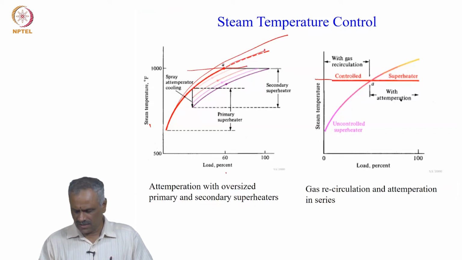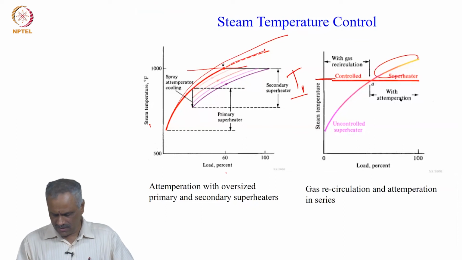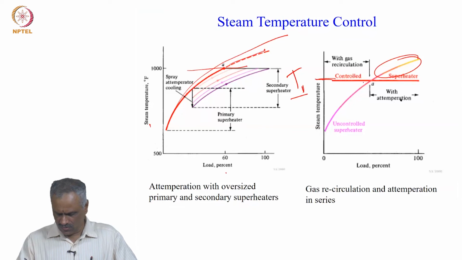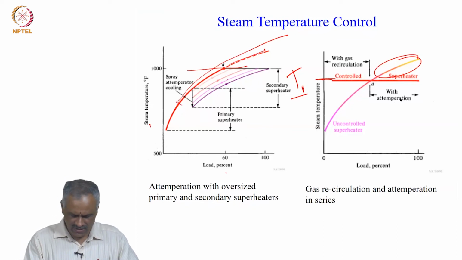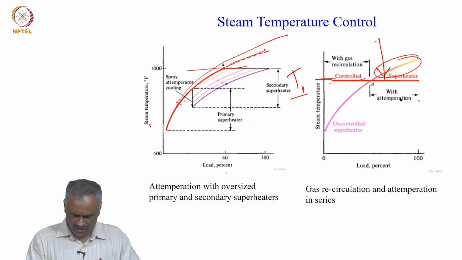This is the design temperature, the maximum temperature of the cycle. So, this part has to be controlled. As soon as the temperature reaches here, supply the water here; that is one attemperation, that is cooling here.